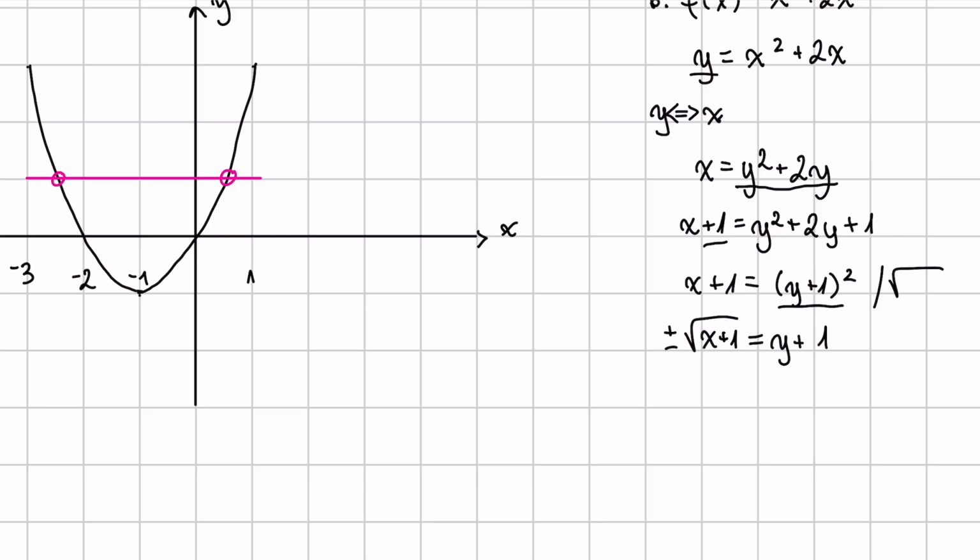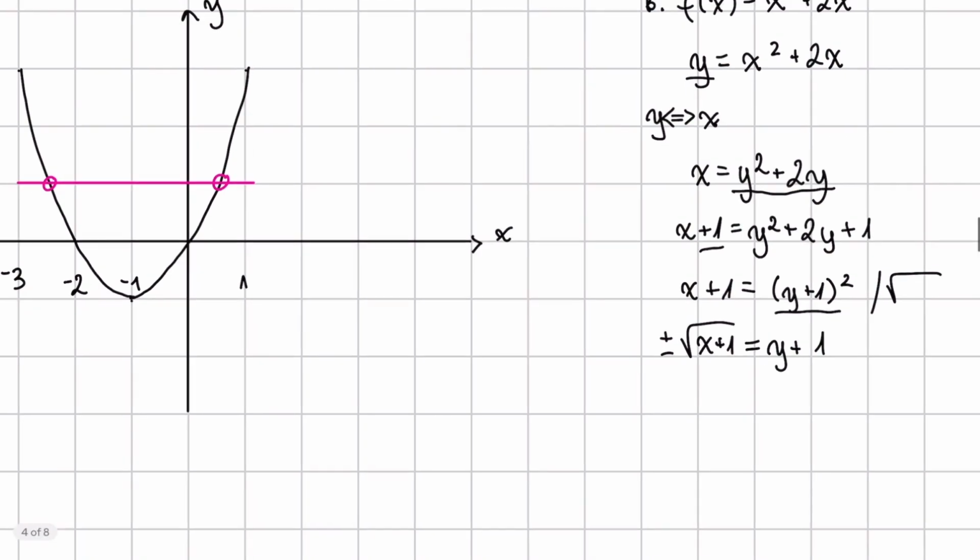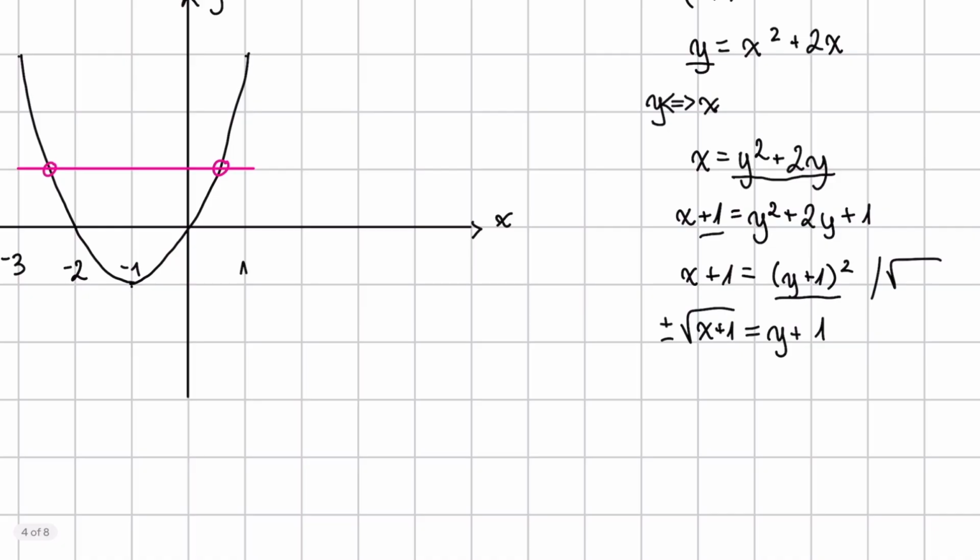So in our case, for now we have to leave it like this, and now we can move our 1 from the right hand side to left hand side. So minus 1 plus minus square root of x plus 1 equals y.